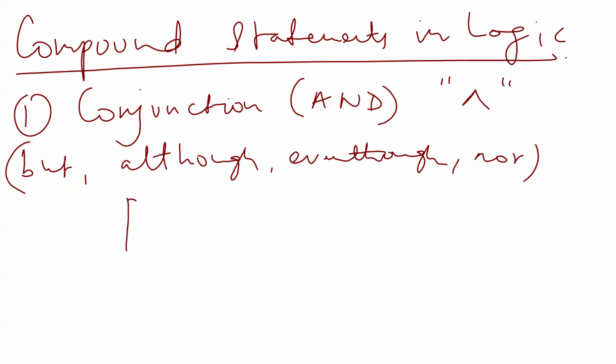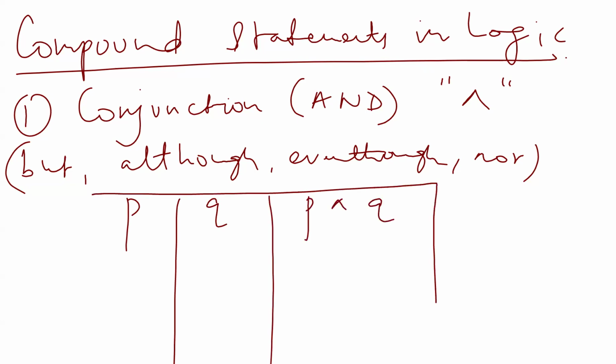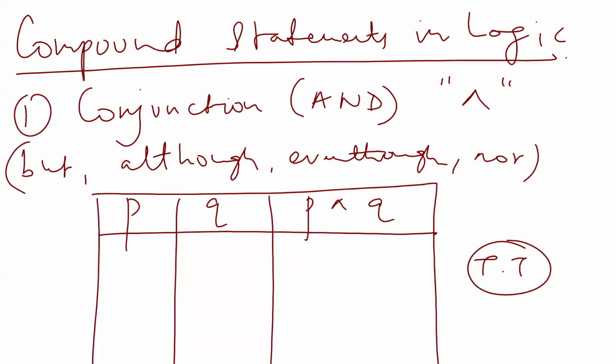So if there are two statements, P and Q, this is called the truth table of and. This is fixed.